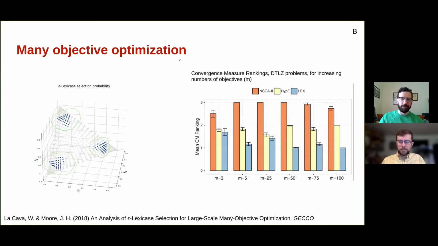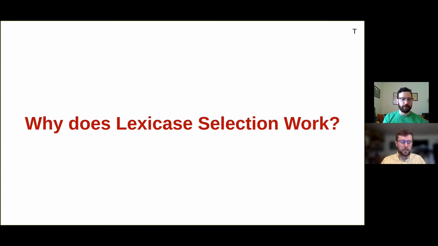And so we've seen for certain problems we've looked at that this is a good way of biasing search, in that we get better convergence measures and better actual spreads along the Pareto front using Lexicase than we would get with other optimizers in this class of methods. So those are some of the optimizations, tricks, and interpretations.